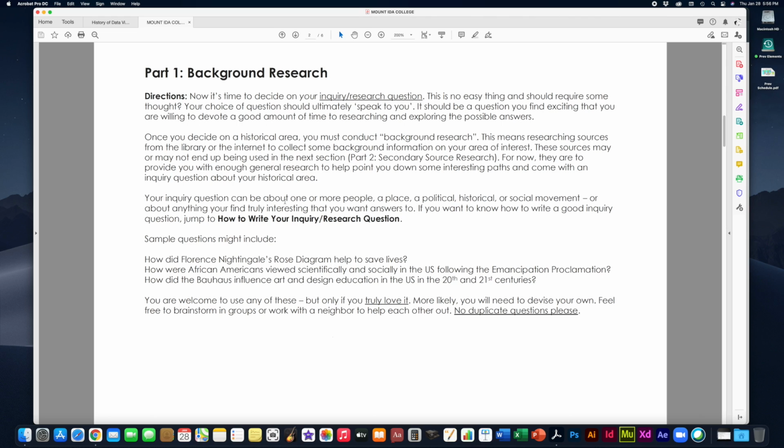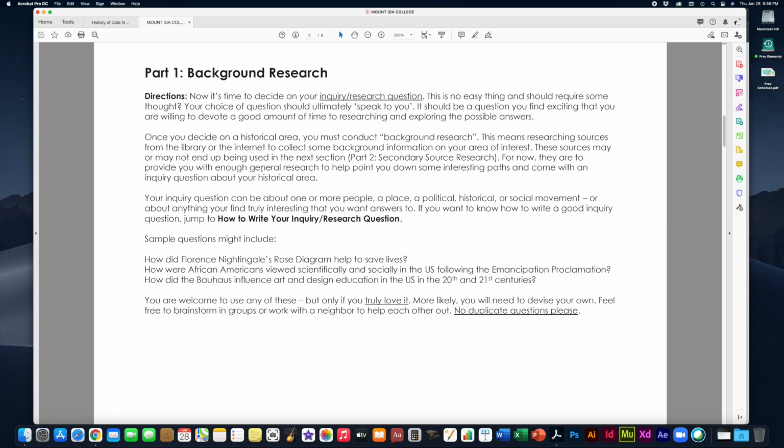Now, of course, part 1 goes into more detail here, and this you're going to read through on your own, okay? Now, the writing of the inquiry question cannot happen until you've finished your background research. So get to know as much about your subject as you can, broadly speaking. You'll have a chance to get into more detail later. You can research sources from the library, from the internet.